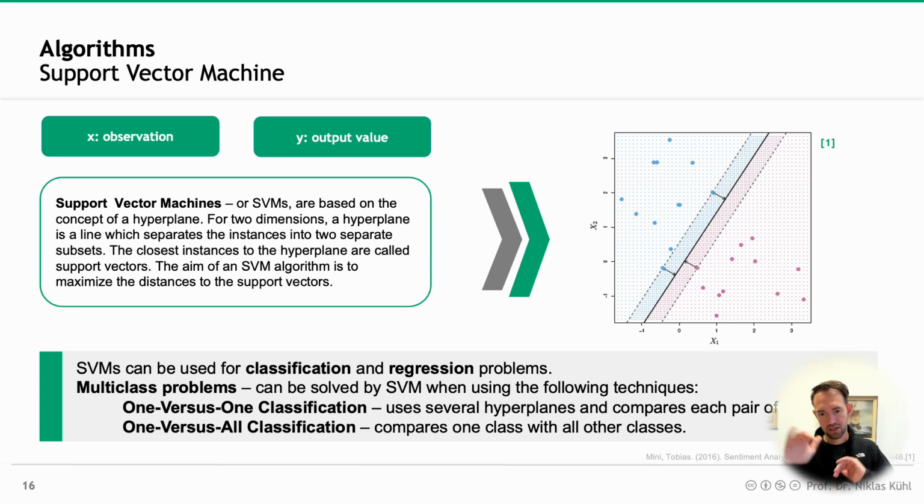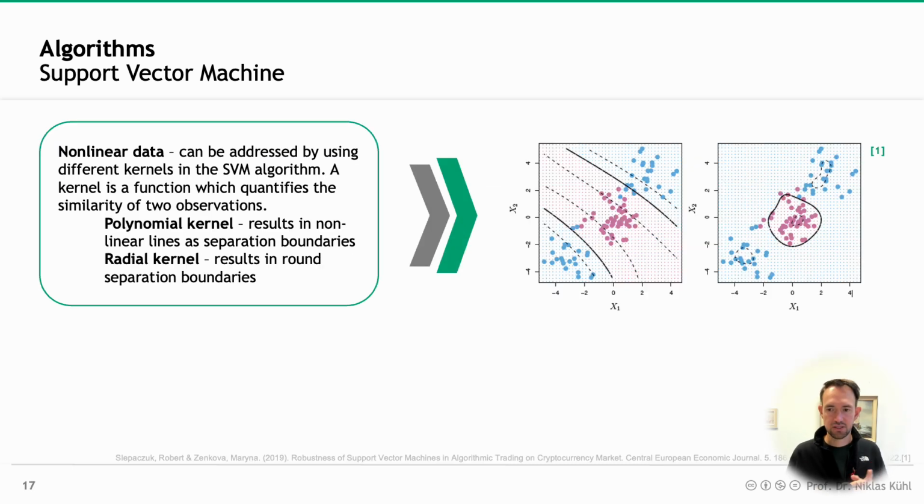So we have this idea of support vectors and hyperplanes which can separate the data. Now, the example that I brought with me over here is a linear one, as you can see, right? So there's a linear relationship assumed, and we divide these two classes in a linear manner. However, it's important for me to note that that doesn't always need to be the case. So also nonlinear relationships can be addressed by using so-called different kernels.